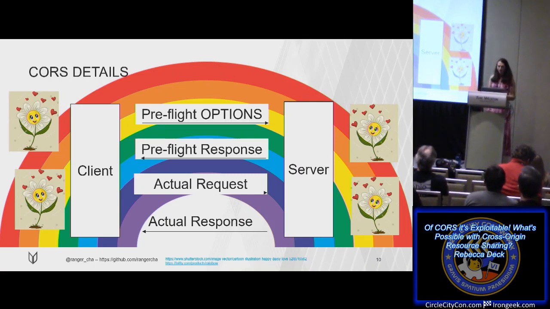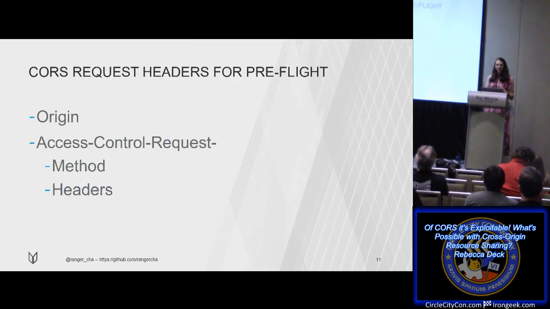So the client sends that request over, the server responds nicely, then it actually sends sensitive data, like in this actual request part over there. And then the actual response comes back from the server. But the pre-flight option stuff is kind of where things really start to derail. But the headers that it uses that become really important, origin, I'll talk a lot about that later.